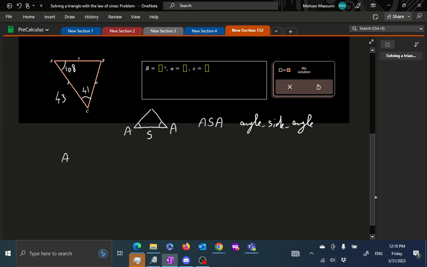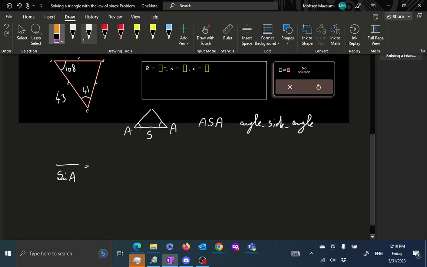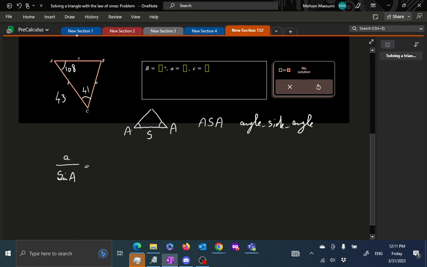It's very straightforward, but I can still make a mistake. So little a over sine of A, b over sine of B, and little c over sine of C. Make sure in your handwriting you don't confuse these two.